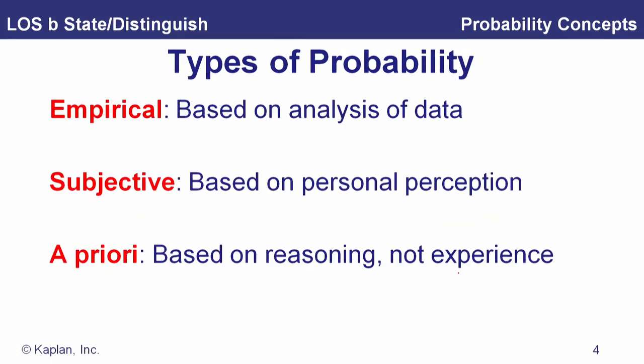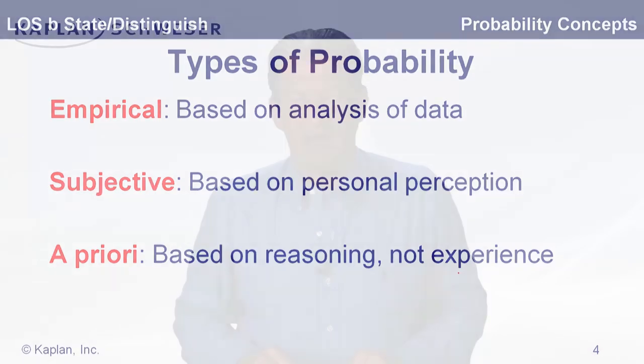Some types of probability. We've got empirical, subjective, and a priori. When we talk about an empirical probability, it's based on the analysis of data, some sort of analysis. So when you're looking at questions that say, well, is this empirical, subjective?